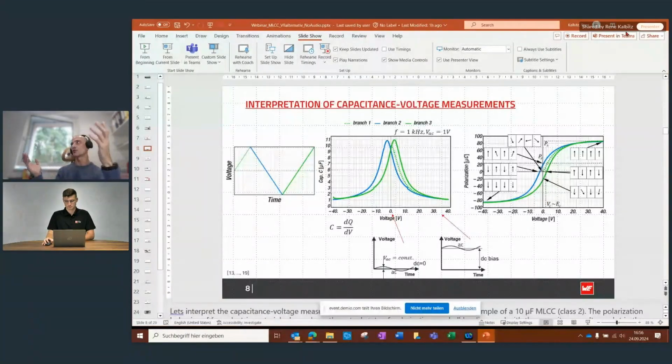What you also could do is oversizing not only capacitance-wise, but voltage-wise, that you choose a capacitor with a somewhat higher rated voltage, and then usually the relative capacitance decline will also be smaller. But again, the keyword here is oversizing.